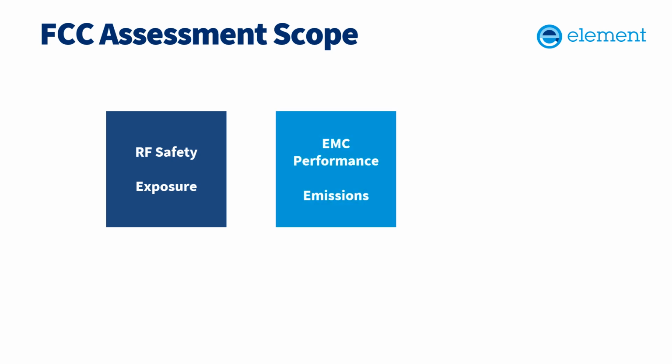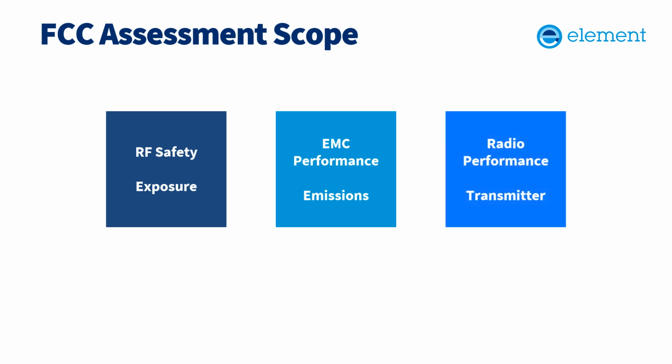EMC, but again, we call EMC in the US, in North America, but what we actually mean typically is the emissions from products themselves, what it has emitted. And then lastly, I should say, the radio performance. So again, similar to Europe in terms of, is it on the right frequency, power, bandwidth, all of those sorts of things.